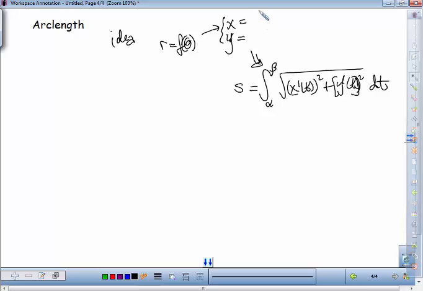Now, if we just go through the process, instead of doing this process all the time, this actually holds a special formula. When we take the derivative of x of t and y of t, which is what we did the page before, we got something that looked kind of complicated, but we're going to have a collection of sines and cosines.